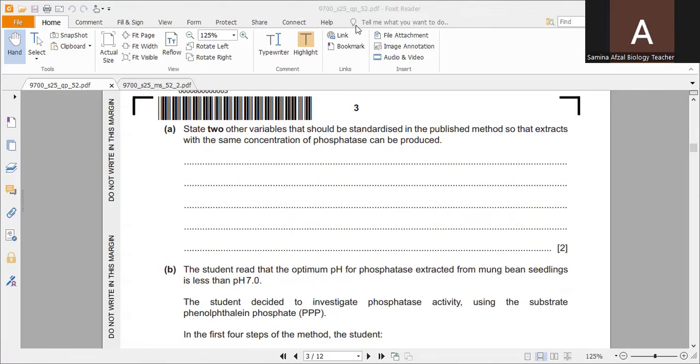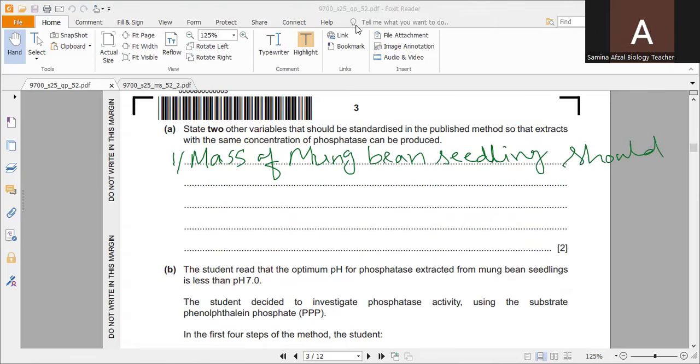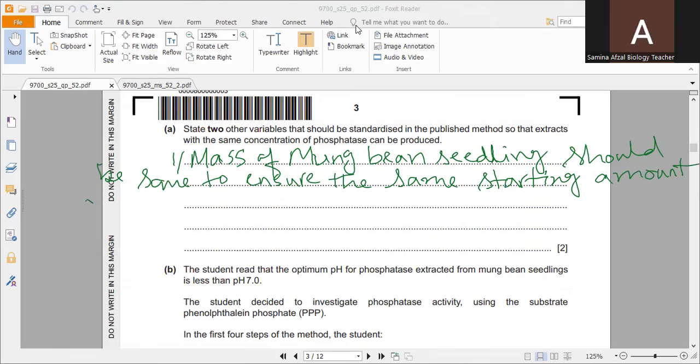They are number one, the mass should be the same to ensure the same starting amount of biological tissue.